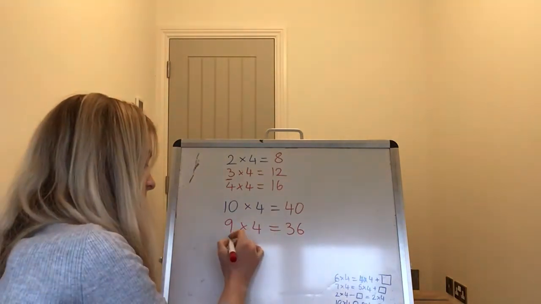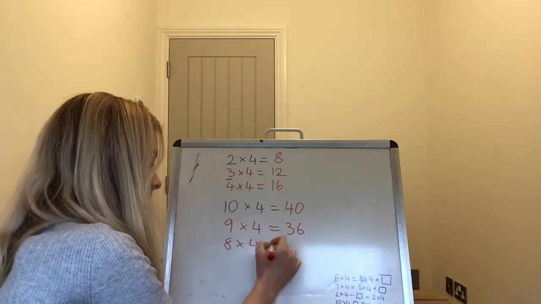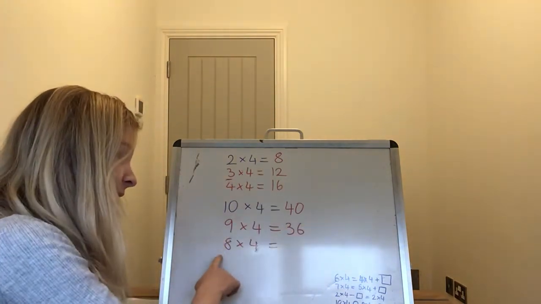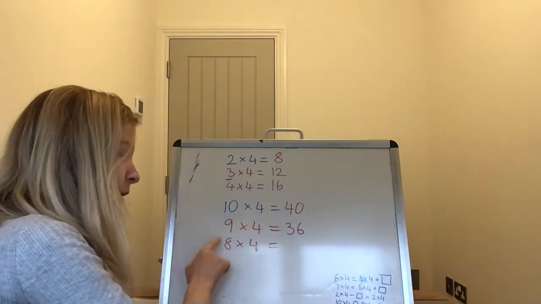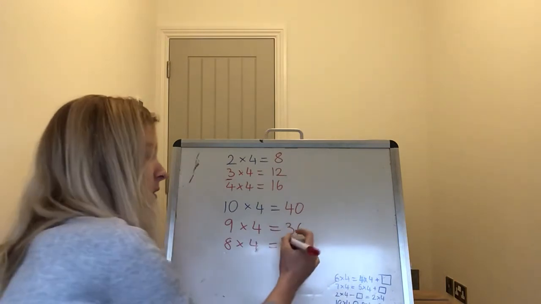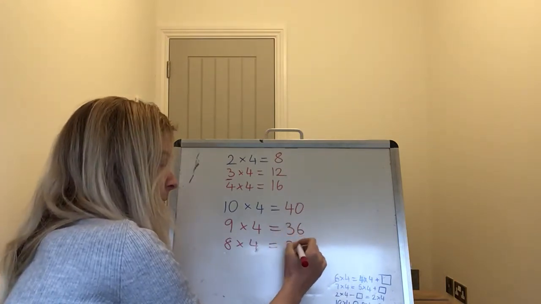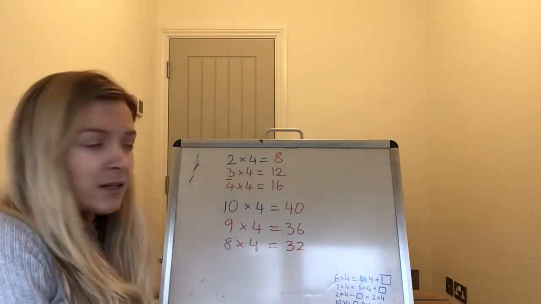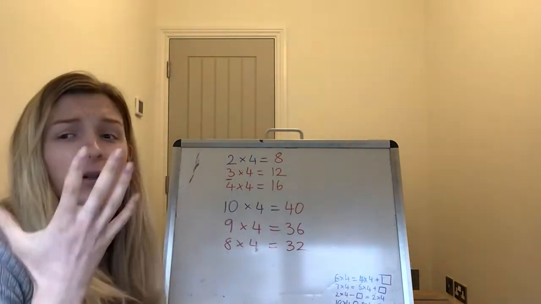Similarly, 8 times 4, we take away another lot of 4. We only want 8 lots this time, not 9. We're taking away 4, 32, okay?